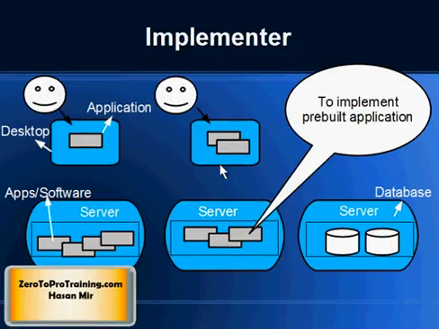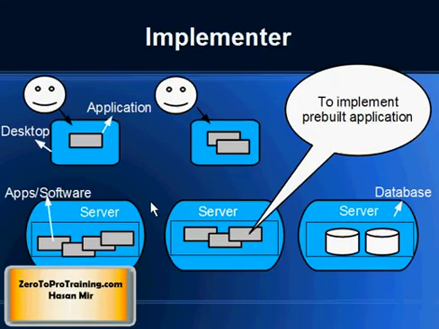So an implementer is the person who is expert in understanding the functionality of the application that a company has purchased as an out-of-the-box solution from the vendor. Again, SAP, Oracle E-Business Suite, PeopleSoft, JD Edwards, Siebel, these are examples. Although this is a pre-built software, somebody has to configure it.